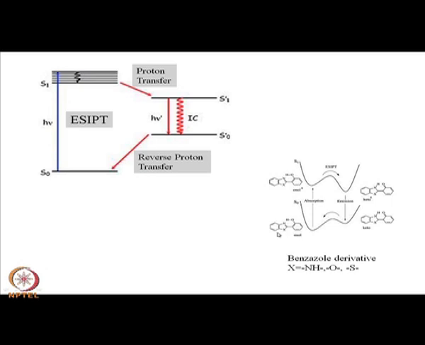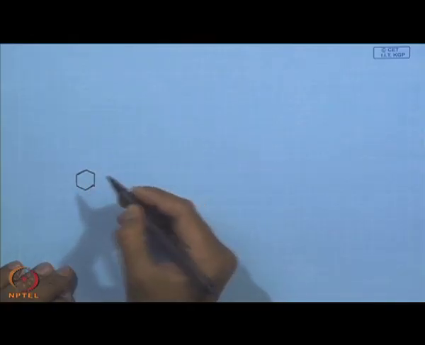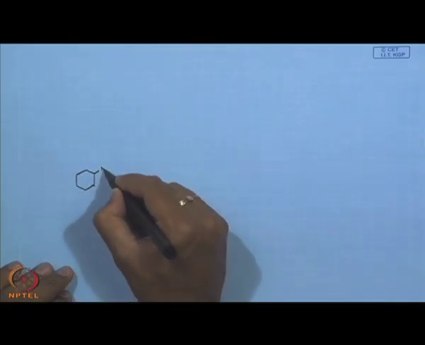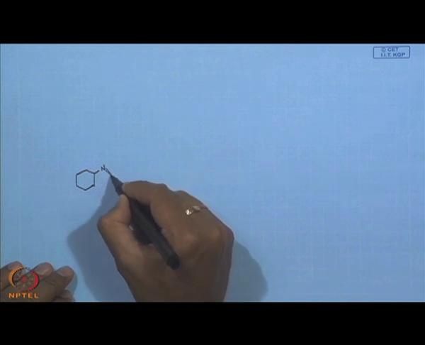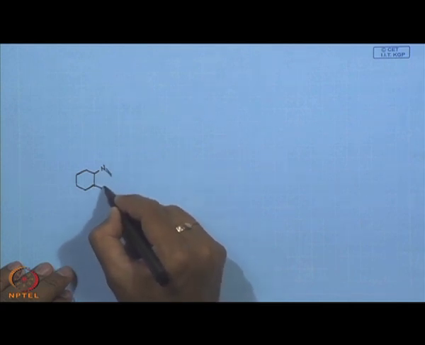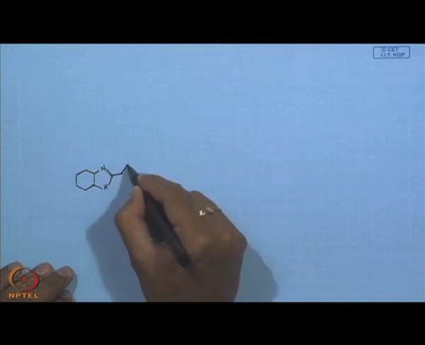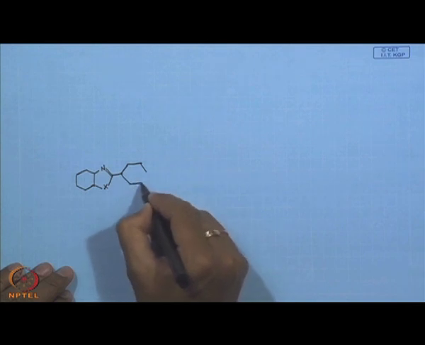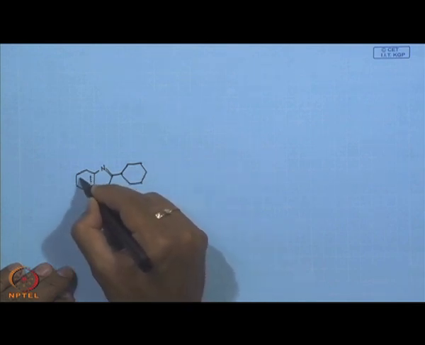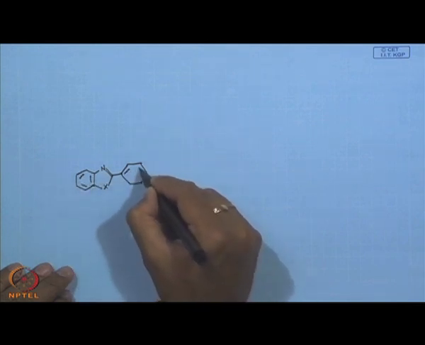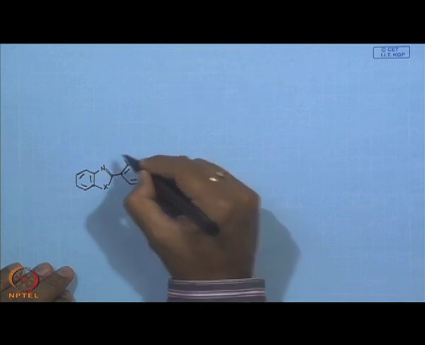So, if I write down this benzazole type of system, you see that you have this system, then N, then a double bond, then X, and this is your OH.